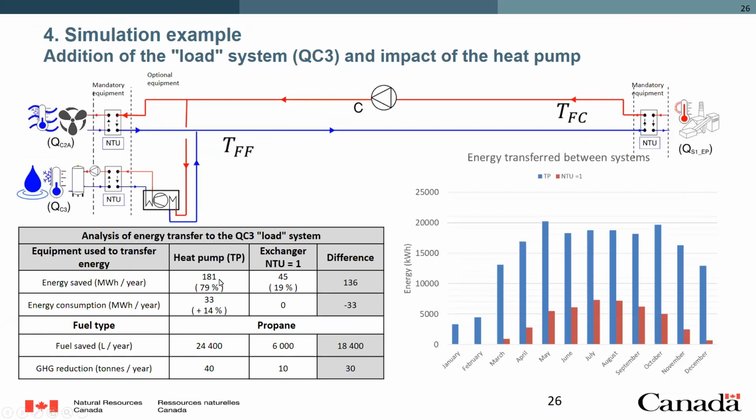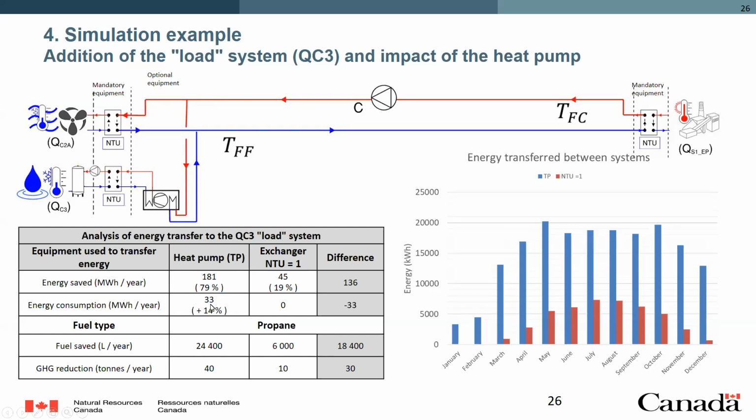In such a case, the energy savings are in the range of 180 megawatt hours per year, which equates to 79% of the requirements of the load. But because you have a heat pump, you have an addition of 33 megawatt hours per year of energy that you need to run the heat pump.